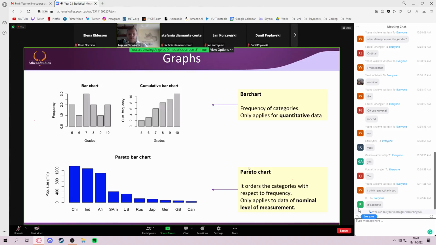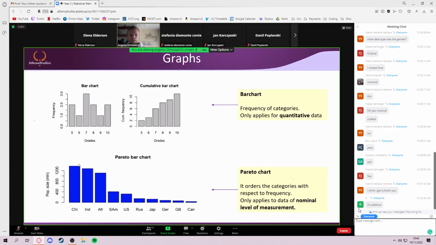Now, we also have another thing that's very similar to a bar chart because we still have bars, but we call it a Pareto chart. Here we usually have, again, the frequency or the value of some categories, but this also includes an ordering.